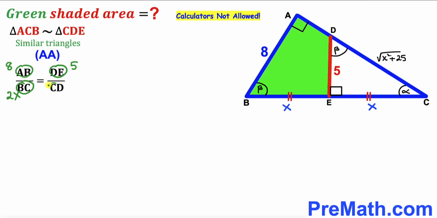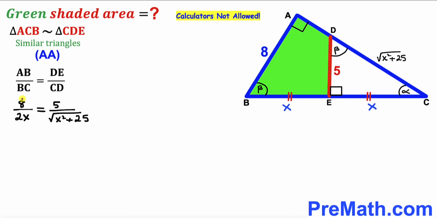And finally our CD segment length is the square root of x squared plus 25, so I'm going to replace that with the square root of x squared plus 25, as you can see in this next step after the substitution.